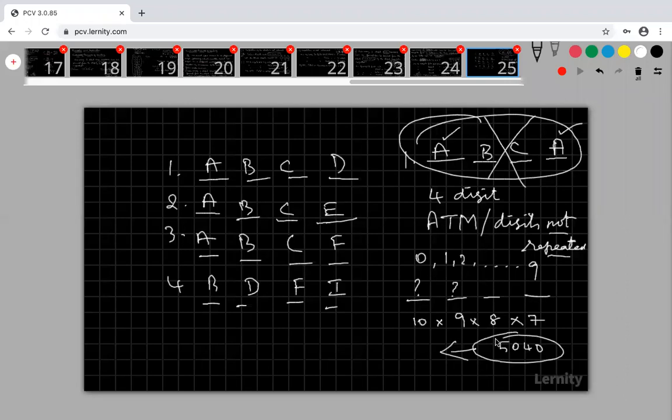So therefore, the available combinations of 4-digit ATM pins are 5040. More than 5000 possibilities are there. We can form 5040 ATM pins using these 10 digits without repeating. Repeating means it will increase. Okay, are you okay? Right. Any other doubts?